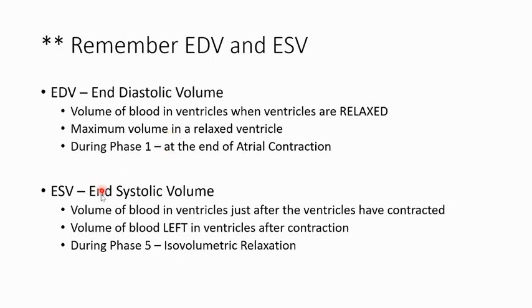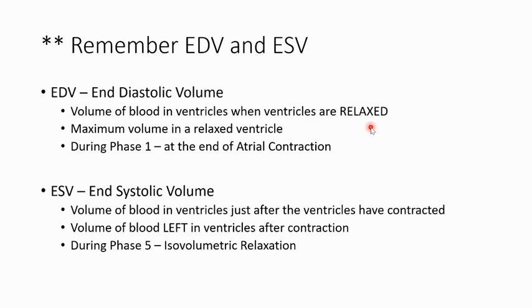That's end systolic volume. It is the volume of blood in the ventricles just after the ventricles have contracted. So they've just pushed everything out. I said that backwards, I apologize. End diastolic volume is at the end of atrial contraction, so it is the blood in the ventricles when the ventricles are relaxed, prior to contraction.